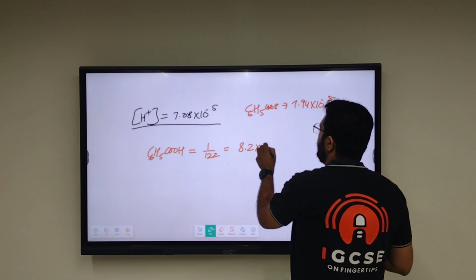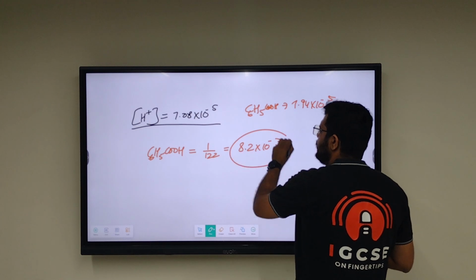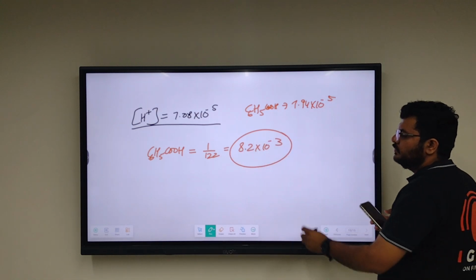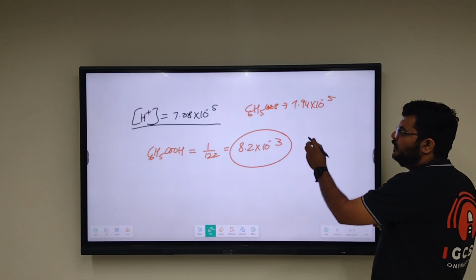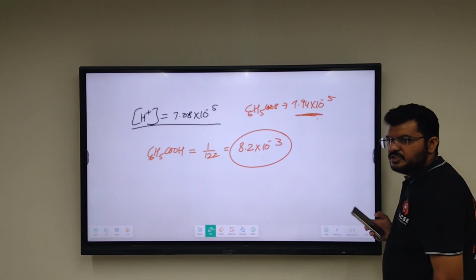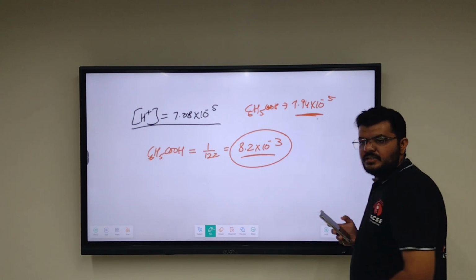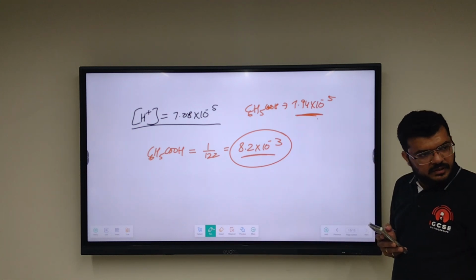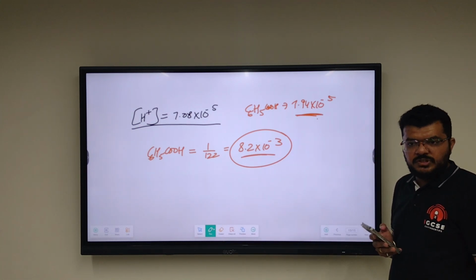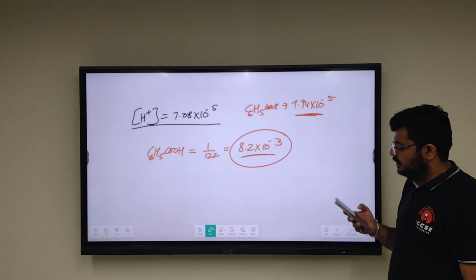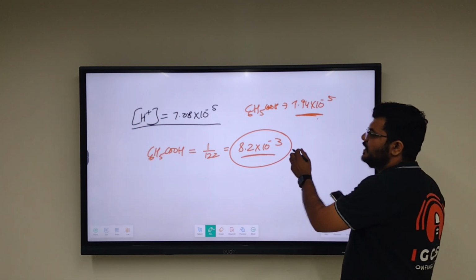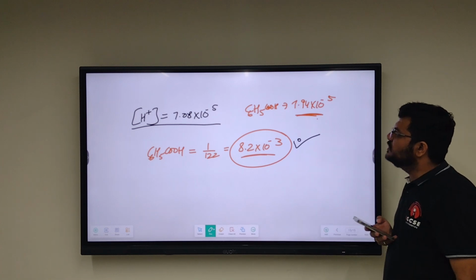Subtract 3, understood? See, in equilibrium it should have been this much, but originally you had added so much, so subtraction. If you subtract, what will you find? This is the answer.